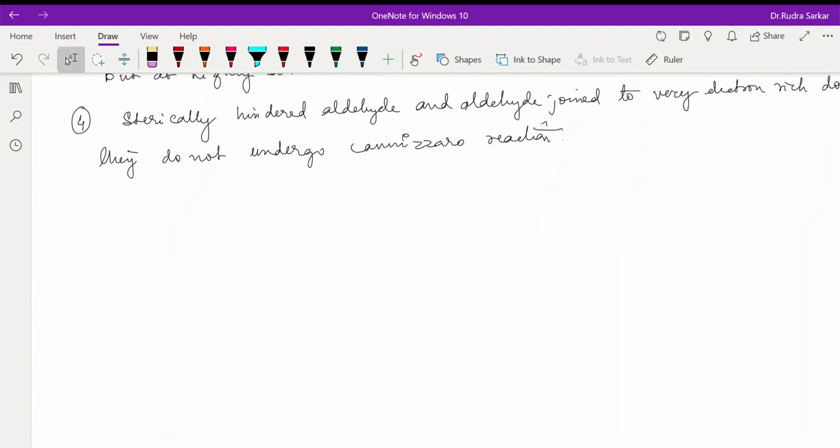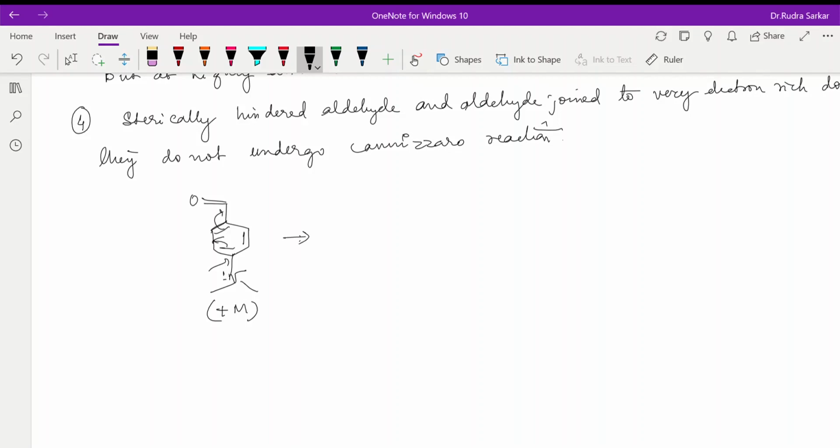Now, let us take some examples. Suppose I have given you something like this. Now here N is acting as a plus M group. So electron can be donated from here to the ring, which we can get relayed to the carbon of the carbonyl.